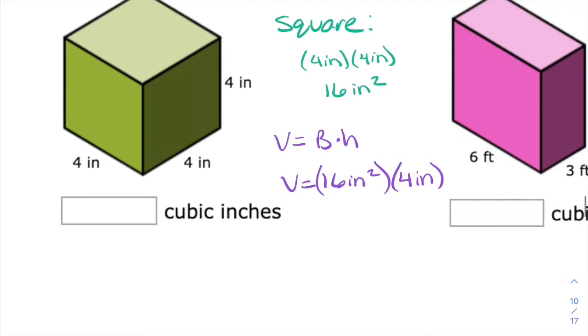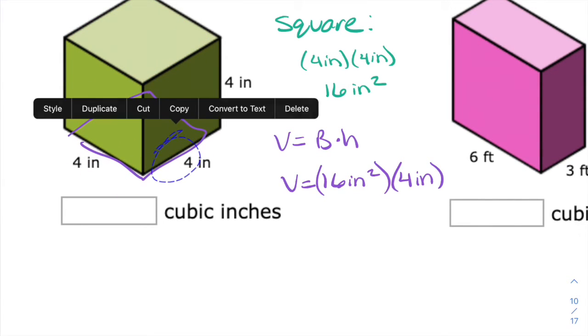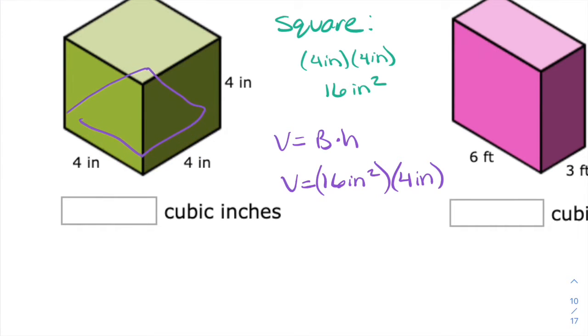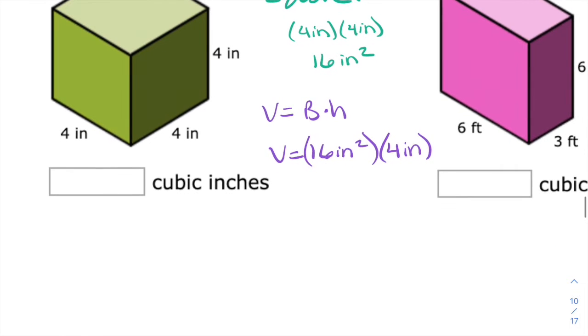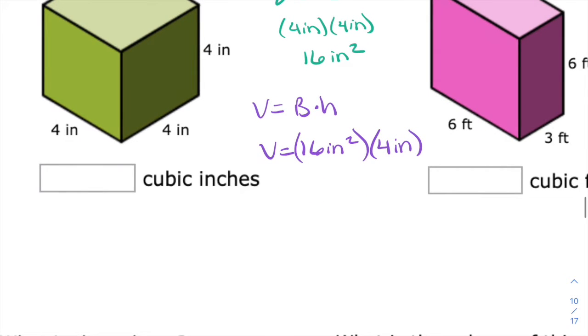Really what I'm doing is taking this square, which is 4 by 4, and putting it like sticky notes until it fills up and gets all the way up to the top. So it's 4 times 4 times 4, because 4 times 4 is my base, and then 4 is my height. So we have 64 inches cubed, because 16 times 4 is 64.